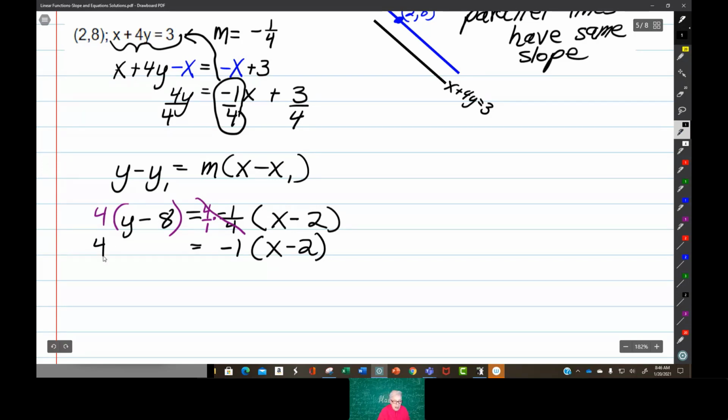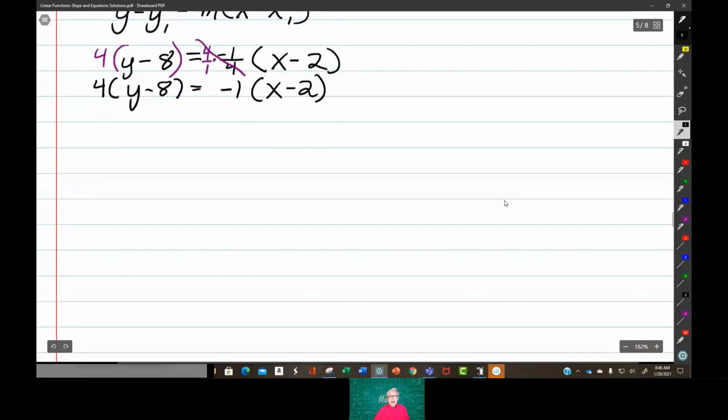Meanwhile, I prefer to wait and distribute on the left and right side of the equation at the same time. So now I'm going to do that. I'll have 4y minus 32 equals -1x plus 2, because -1 times -2 is +2. Same thing here. 4 times -8 is -32.